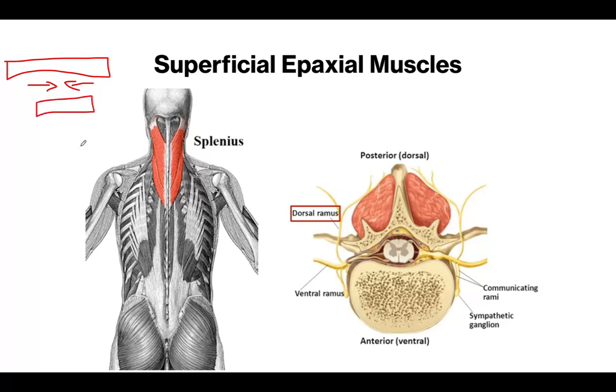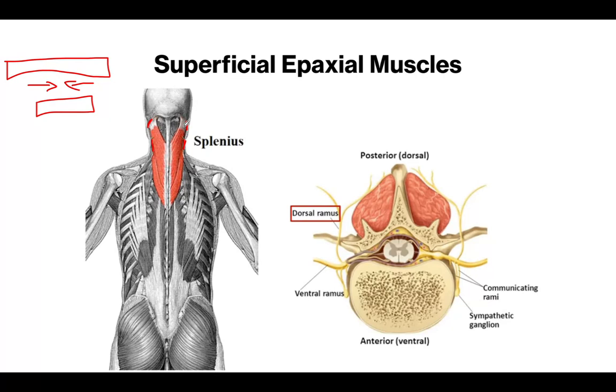All right, and we know that the action is produced by the muscle contracting at the insertion point. And we said that the insertion was up here along the occipital bone and the mastoid process of the temporal bone, right?